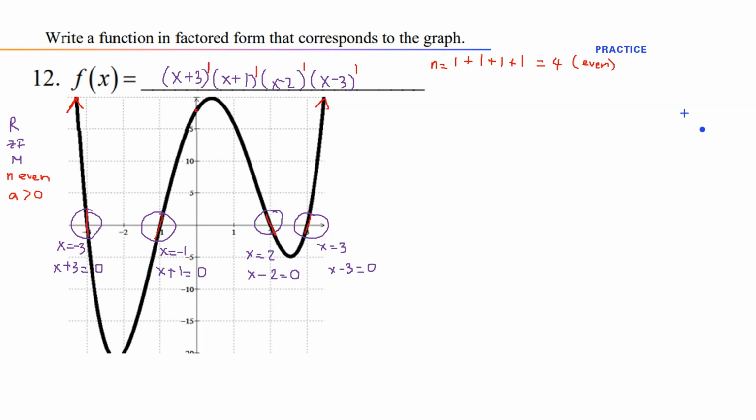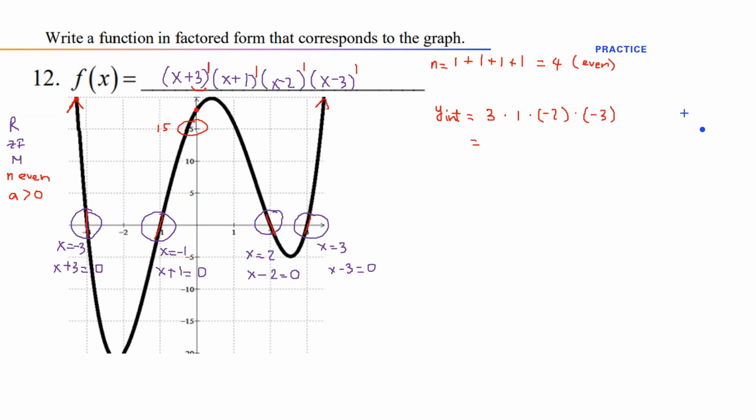Then we know that it somehow is above 15. We could not see it in this graph well enough, but we can check it by finding the y-intercept. So we have 3 to the power of 1 times 1 to the power of 1 times negative 2 to the power of 1 times negative 3 to the power of 1.